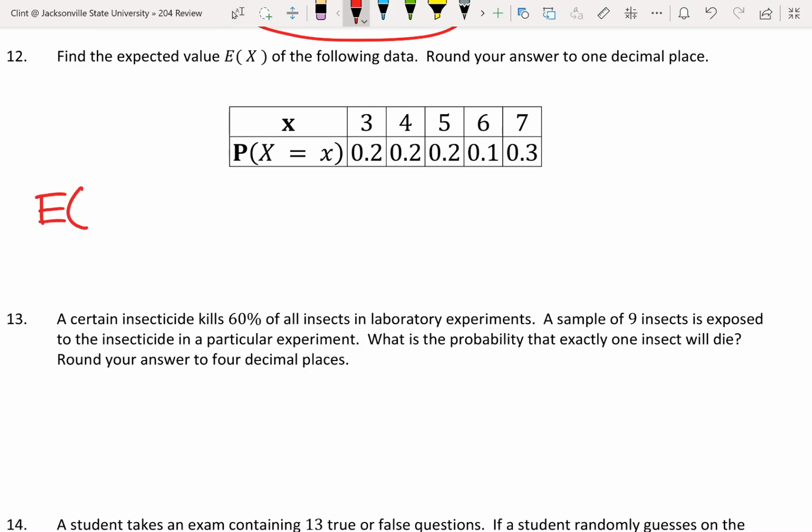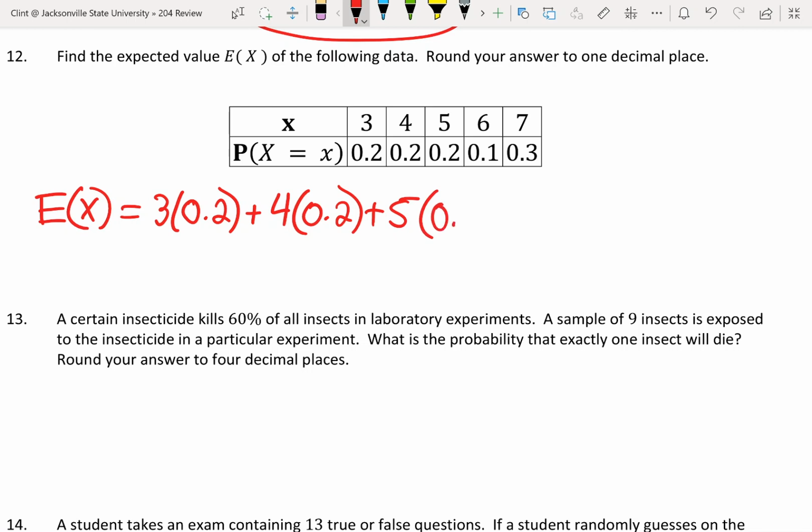So here we'd have 3 times 0.2 plus 4 times 0.2 plus 5 times 0.2 plus 6 times 0.1 plus 7 times 0.3. See what we get there.